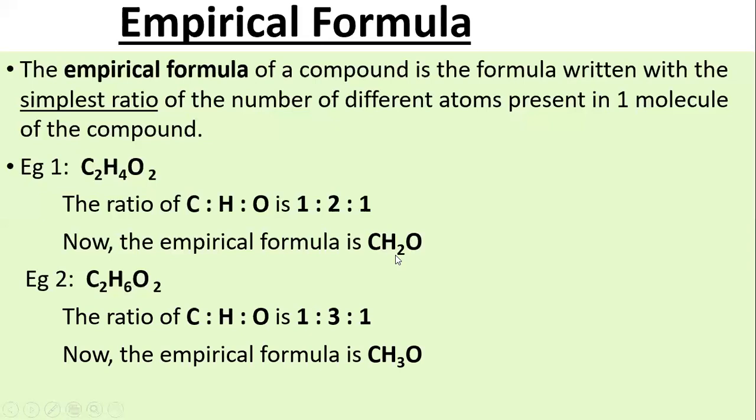And here the empirical formula will be determined with some steps. Based on the steps, we have to determine the empirical formula. The first step is that we have to determine the mass. Mass is nothing but their weight.